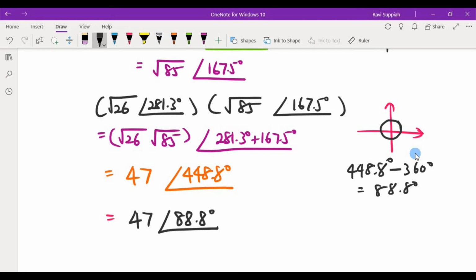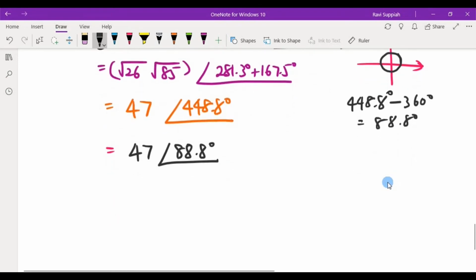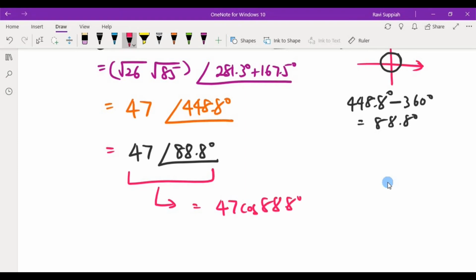Okay, you can of course convert this back to its rectangular form by using the approach that we have seen so far, which is to say it is r cosine theta plus j r sine theta.